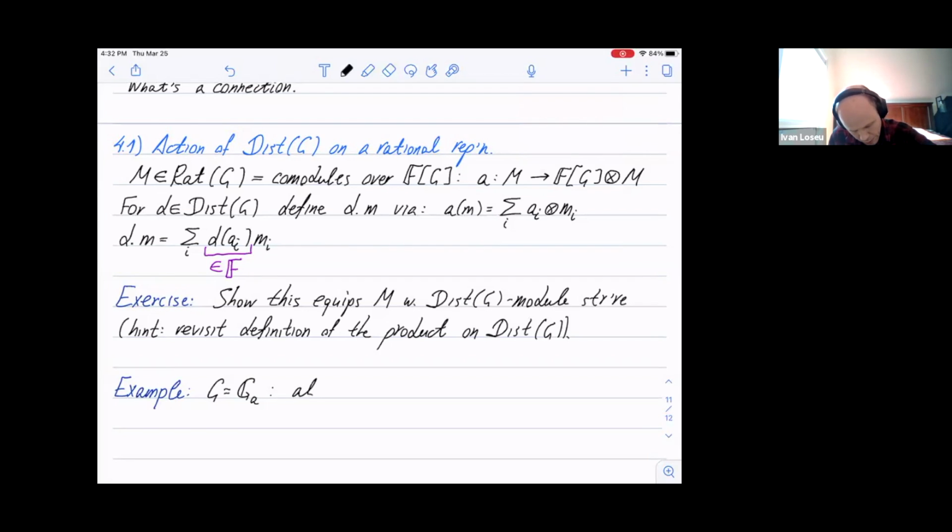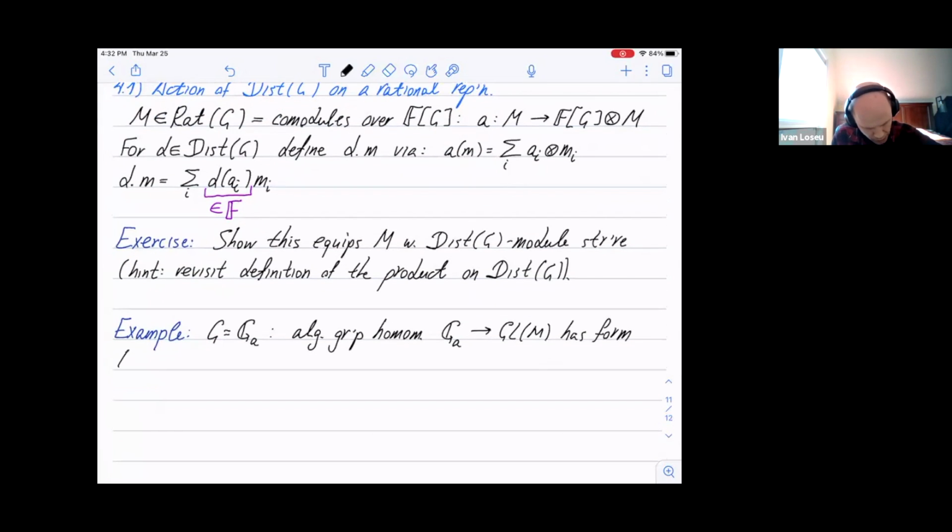So every algebraic group homomorphism from G_a to GL(M) has the form t goes to the identity plus the sum over i bigger or equal than 1 of A_i times t^i. And this needs to be a finite sum.